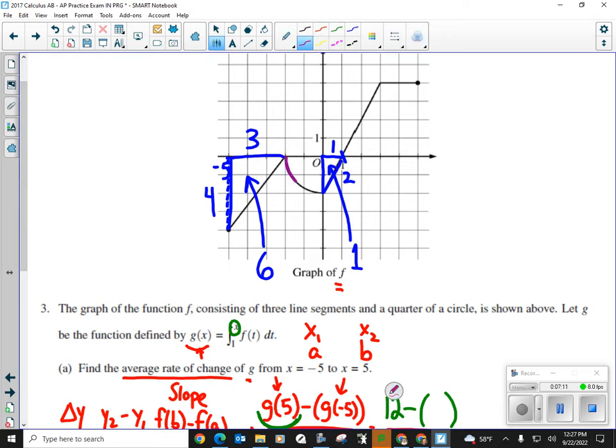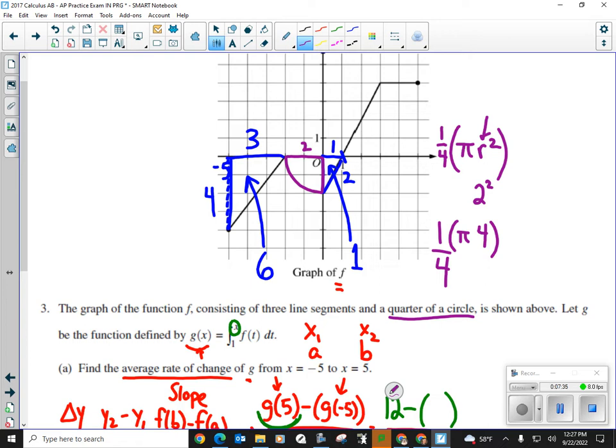This is a quarter of a circle. I know the area of a circle is pi r squared. But it's a quarter of that. It tells me it is made up of 3 lines and a quarter of a circle. My radius is 2. So 2 squared is 4. I have the pi in here, and I multiply it times 1/4.